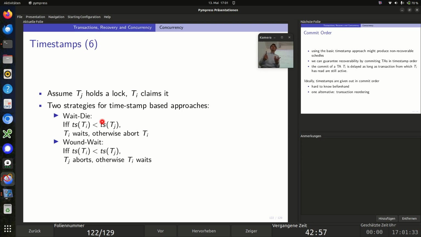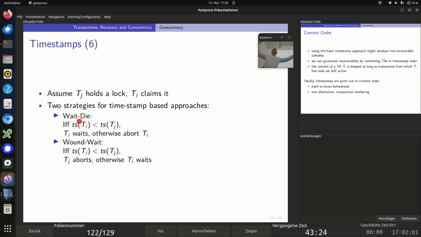So wait die are the slowly old ones, like the retired ones. Exactly. So like the old ones, they are waiting if they find that the lock is held by a younger transaction.